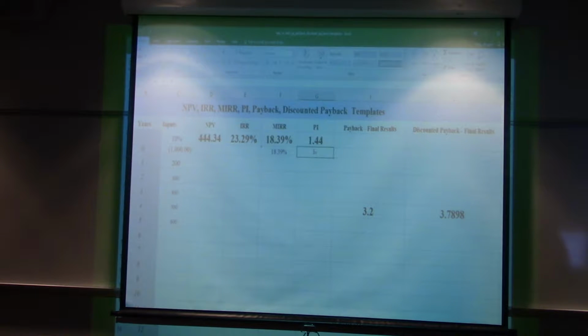To get the PI, you use the NPV function with your rate, but an NPV function starting from year 1, and then you divide it by your initial expenses, which is 1,000. That's all. 1.4. This is PI.